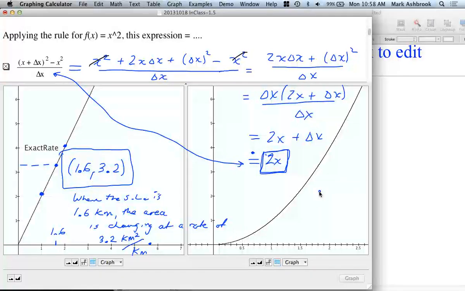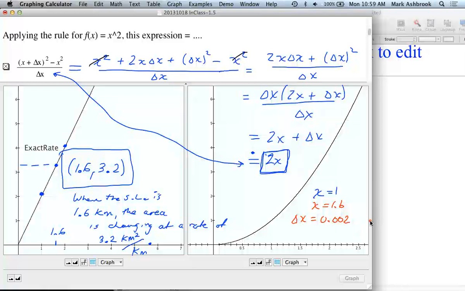Okay, so let's do this. Let's say x is 1.6, and let's say we take a small increase in side length, say 0.002. What can we conclude? So now the side of the square is 1.6 kilometers. I'm going to let the side length get a little bit bigger, 0.002 larger. What could you conclude based on this 3.2 kilometers squared per kilometer?